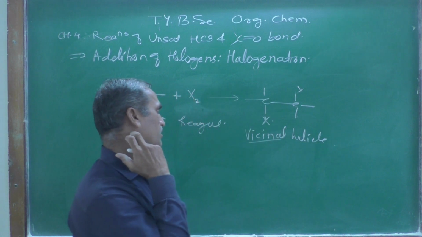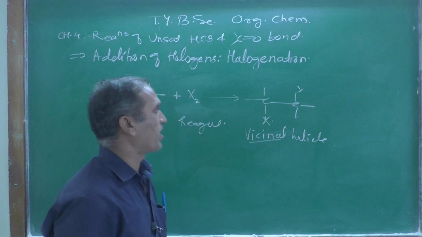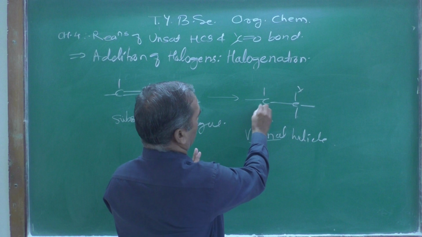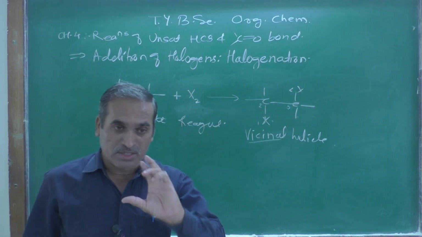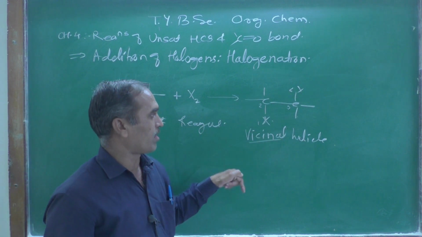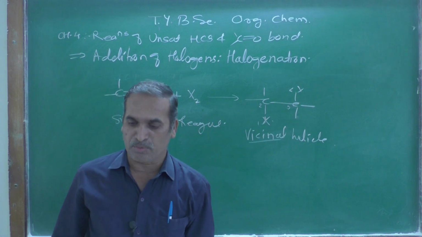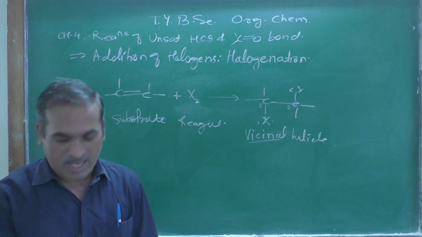Or they are three bonds apart from each other, at the 1,4 position, 1, 2, 3 and 4. That type of system is called a vicinal halide, or in another way you can call it they are present at the 1 and 3 position. That type of thing is called a vicinal halide.